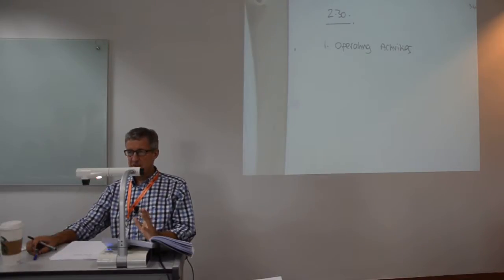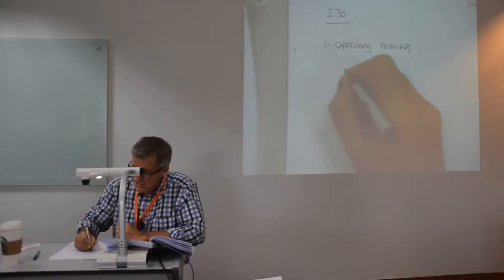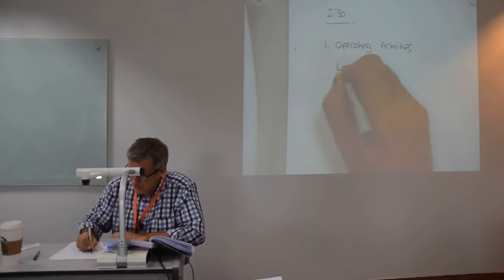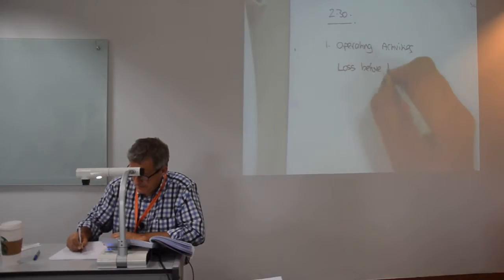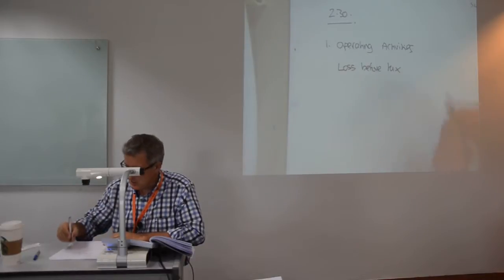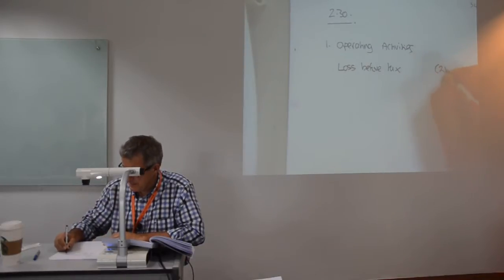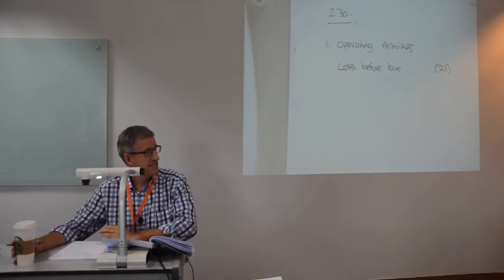Now the first figure I'm looking for is profit before tax. But as soon as I look for profit before tax, I see that I have a loss before tax. How much is the loss before tax? 21. Profit starts off as a positive, loss will start off as a negative.